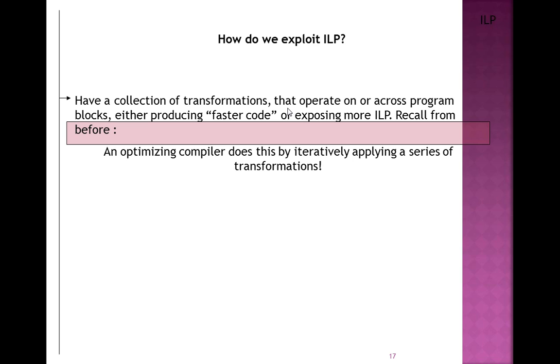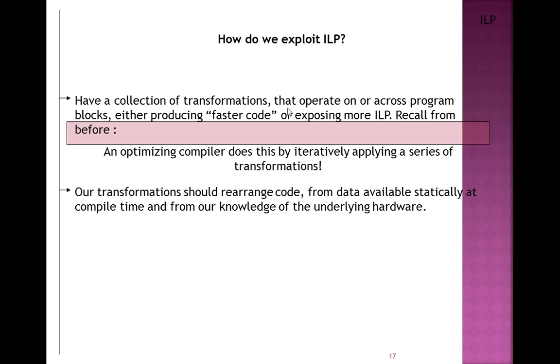How do we exploit it? Have a collection of transformations that operate on or across program blocks, either producing faster code or exposing more ILP. Recall from before, an optimizing compiler does this by iteratively applying a series of transformations.